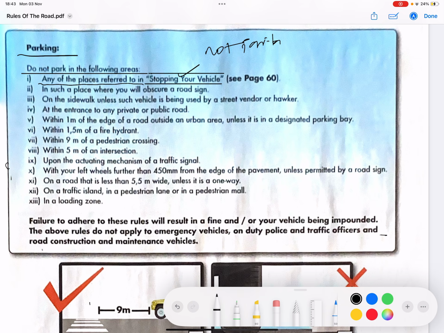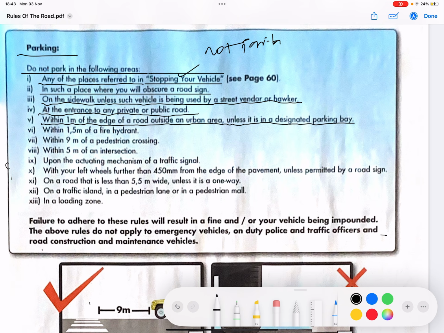You may not park your vehicle in such a place where you will obscure a road sign, on the sidewalk unless such vehicle is being used by a street vendor or hawker. At the entrance to any private or public road, you may not park within 1 meter of the edge of the road outside an urban area unless it is a designated parking bay.